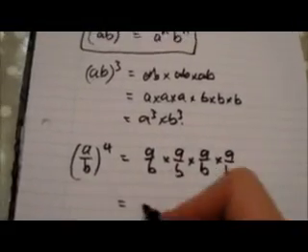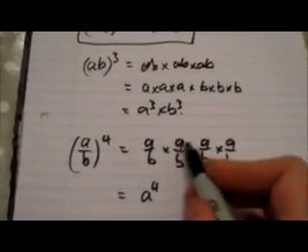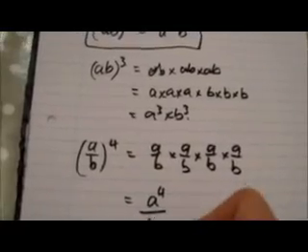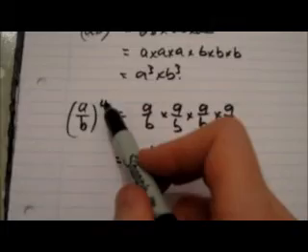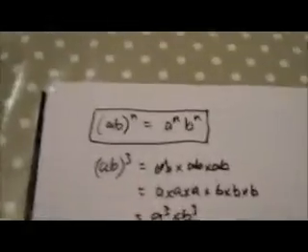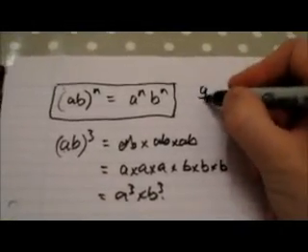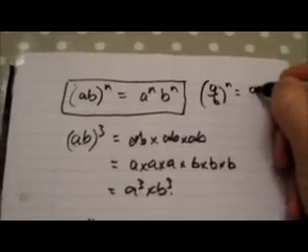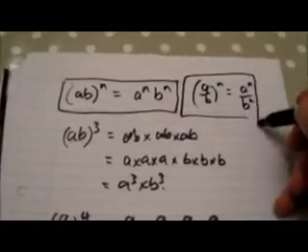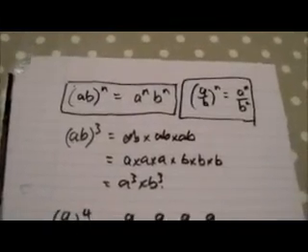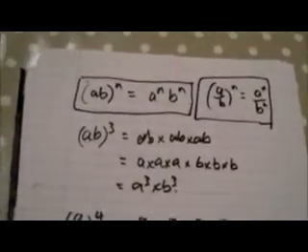So when we multiply the top lines, we get a to the power of 4, a by a by a by a. We multiply the bottom lines, we get b to the power of 4. So again, if you have a power outside a fraction, you can bring it in on each of the constituent parts. So (a over b) to the power of n is a to the n over b to the n.